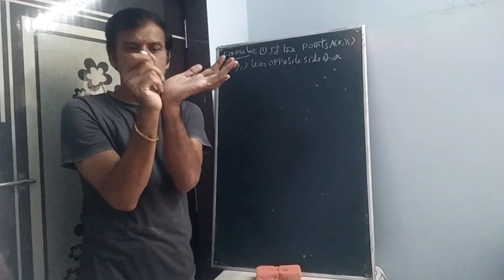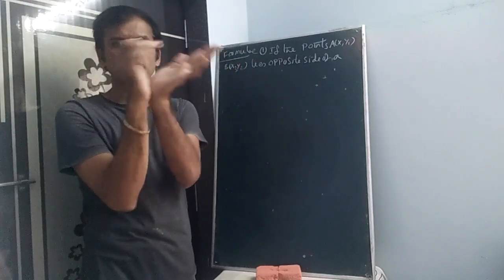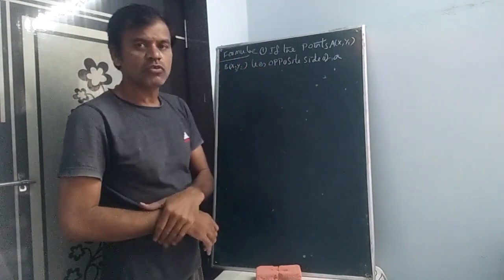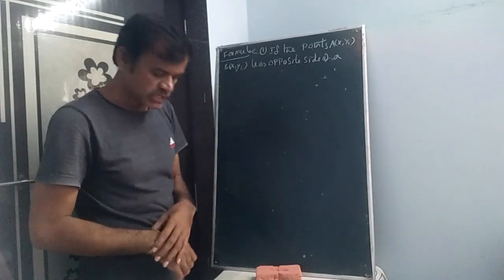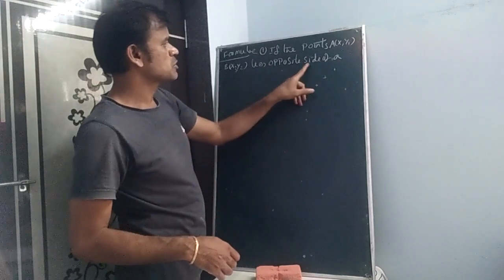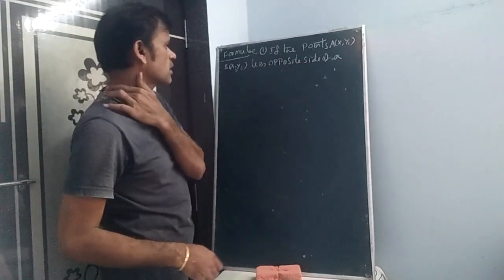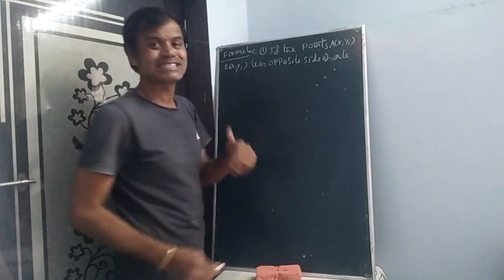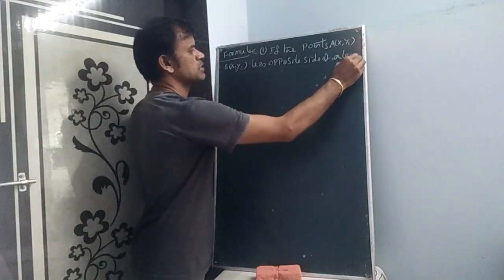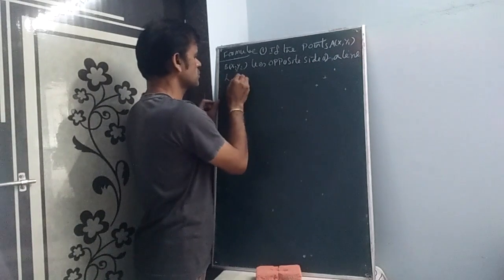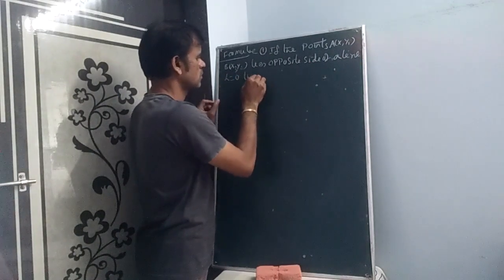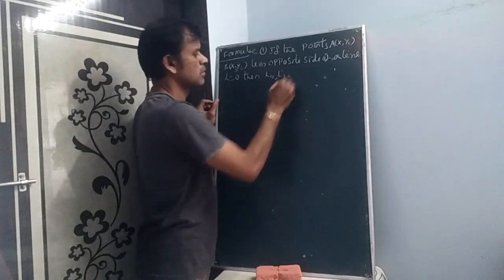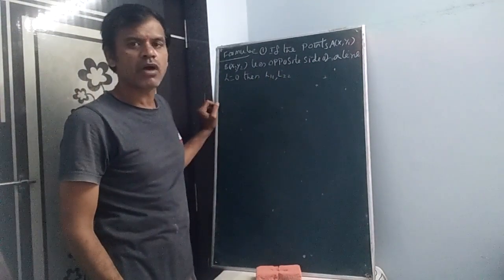If a line is like this, this is x1 and this is x2 like this. Opposite side. Then L11 and L22 are less than 0. If the points A x1 comma y1 and B x2 comma y2 lie on opposite sides of a line L equal to 0, then L11 comma L22 have opposite sign.